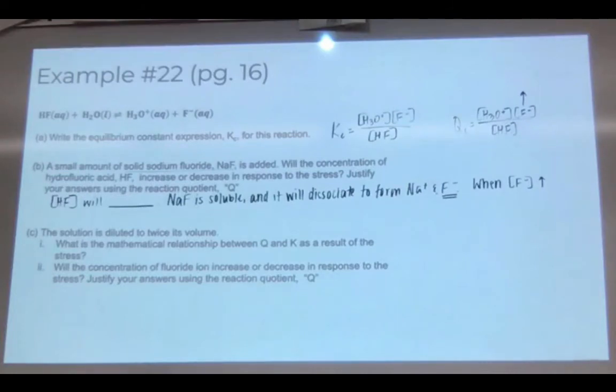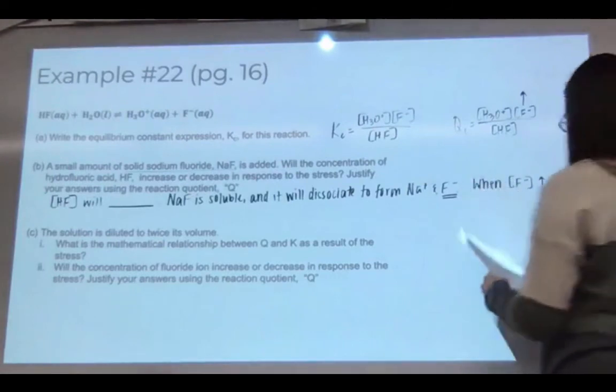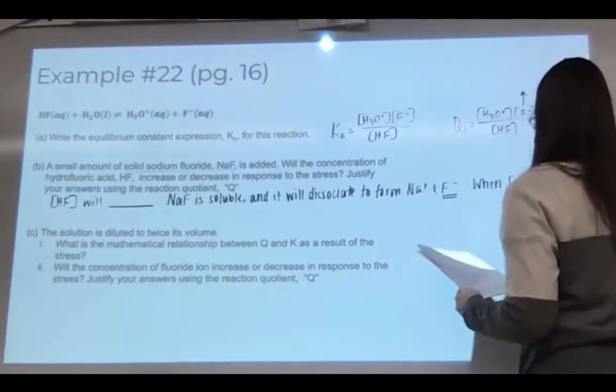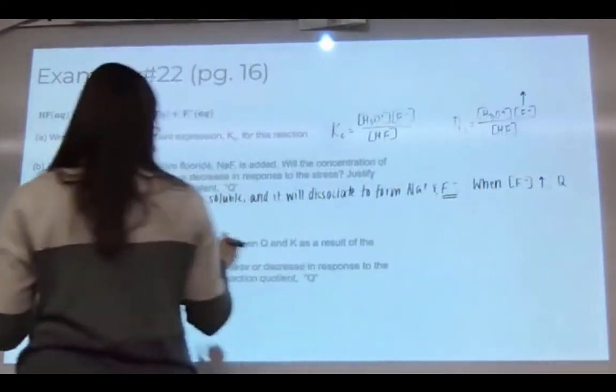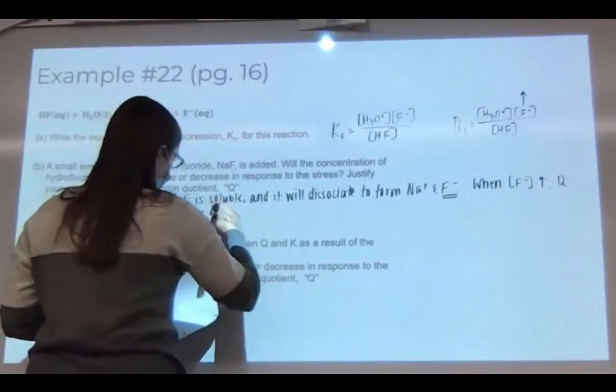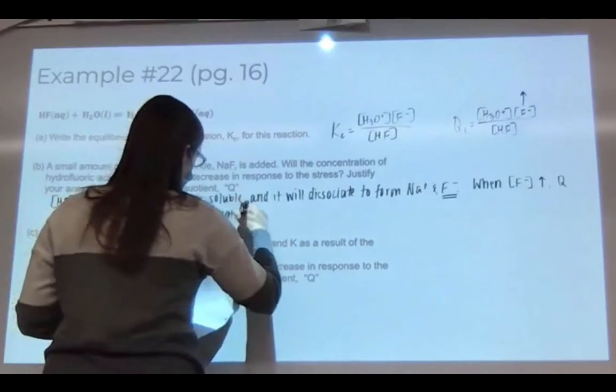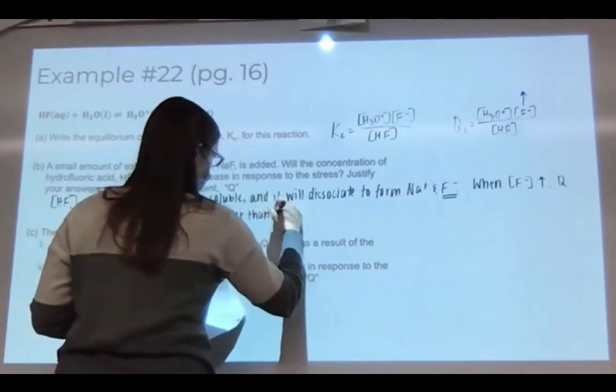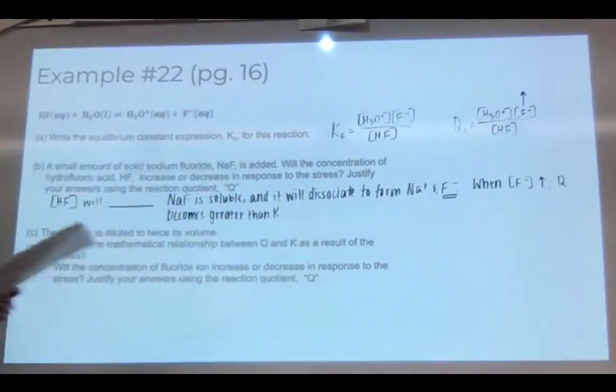I'm increasing the value of Q. So when concentration of F minus increases, Q becomes greater than K. So now we have too much product compared to reactants.